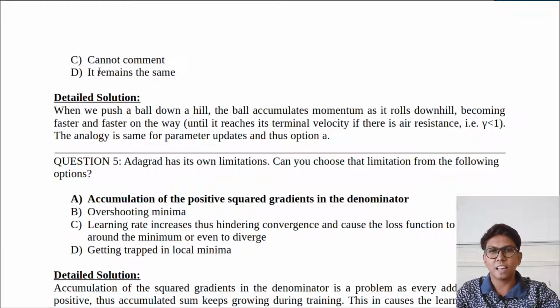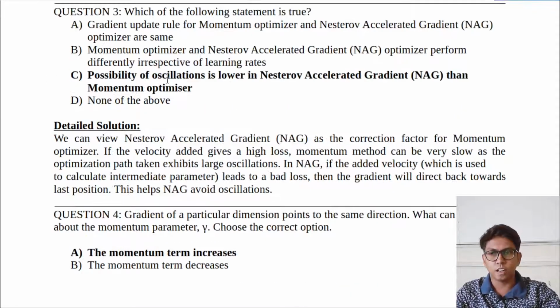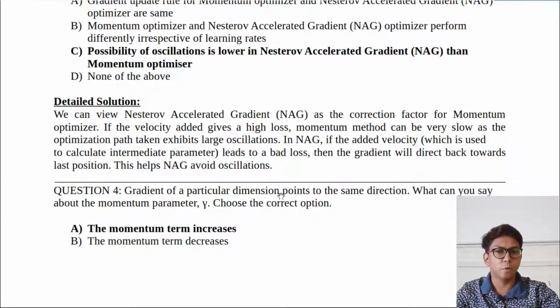Option C is cannot determine, and option D is it remains the same. The correct option is, if the gradient of a particular dimension points to the same direction, then the momentum term increases.